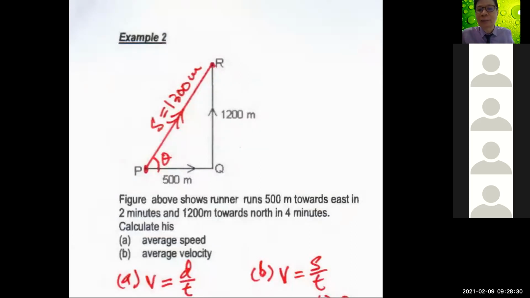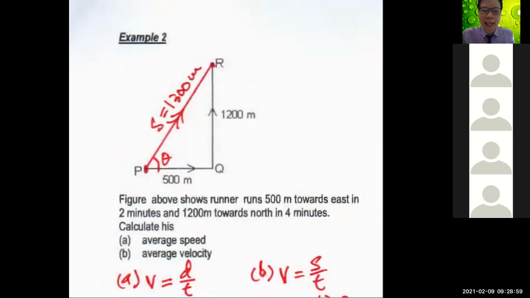In decimal, 4 point something. Yes, correct. This is Liu Jiajin. 4.72 meters per second. Yes, correct. Lim Yishuan, correct, 4.72 meters per second. Then velocity, the answer 3.61. Very good. Yishuan, you already got both correct.